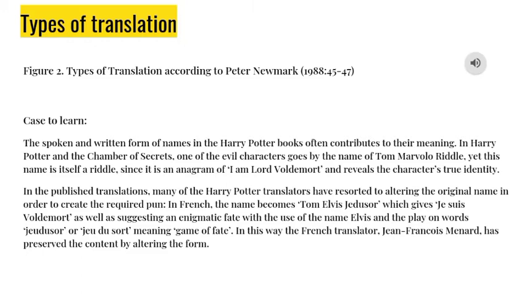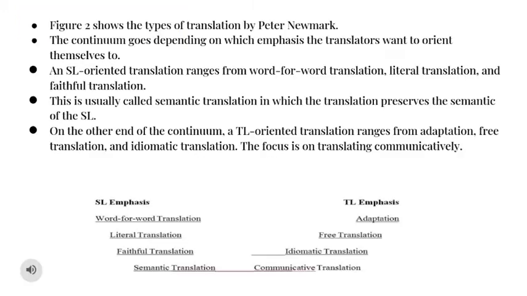So in this slide, you will see the example of types of translation according to Peter Newmark. So let's check it out. Figure 2 shows the types of translation by Peter Newmark.